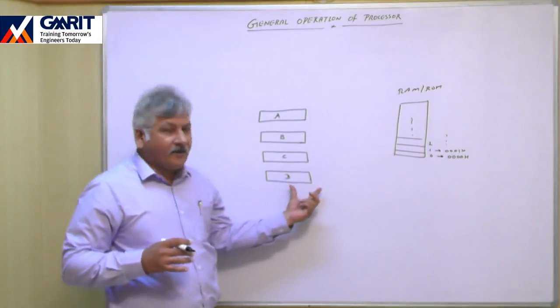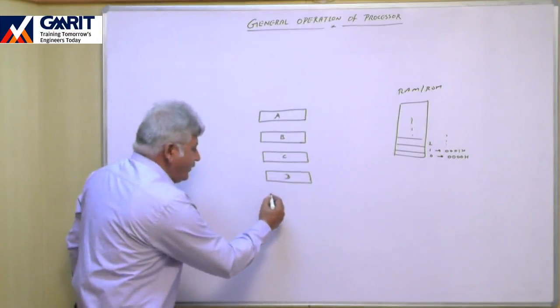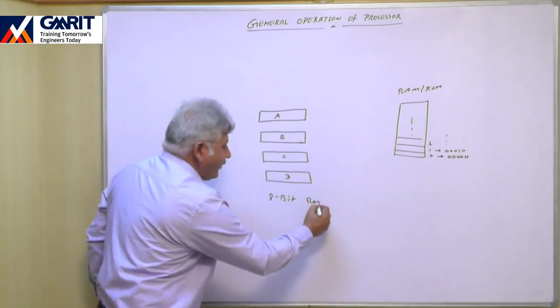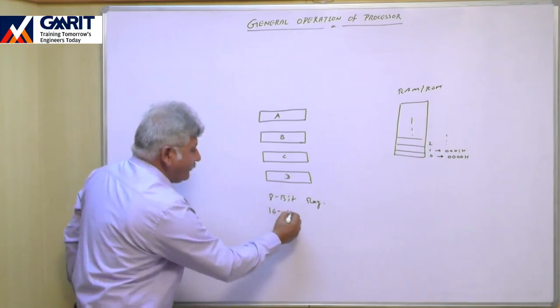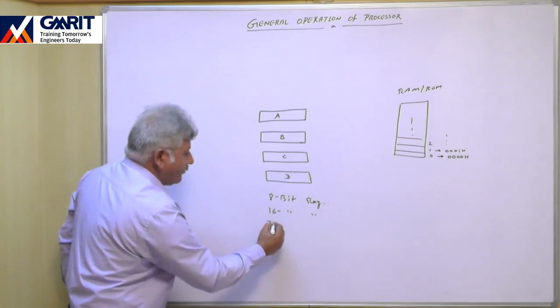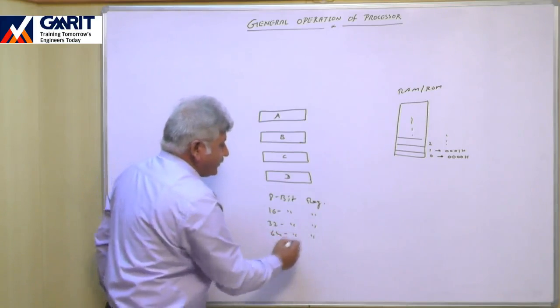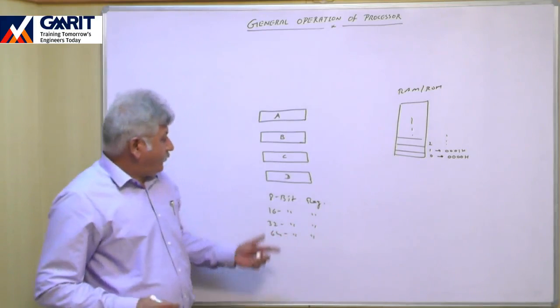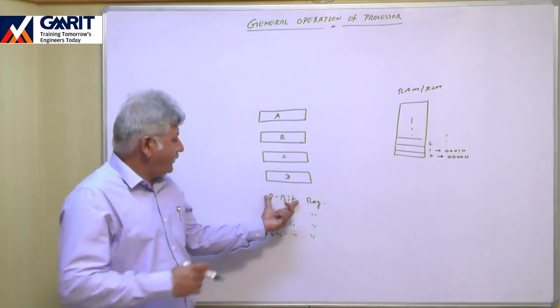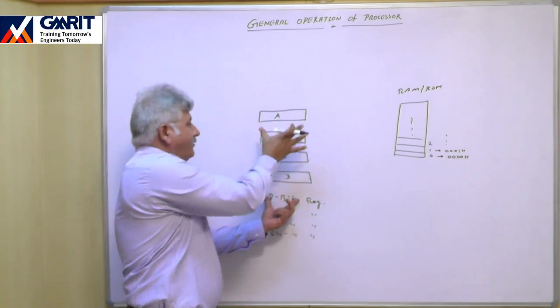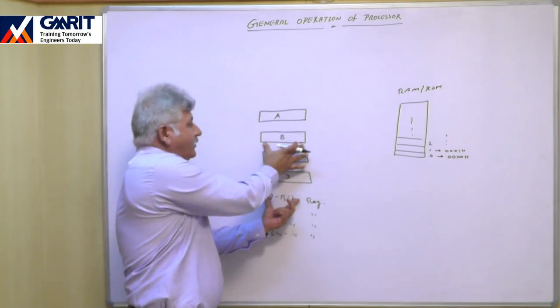Now these registers can be 8-bit registers or 16-bit registers or 32-bit registers or 64-bit registers. The meaning of an 8-bit register is that 8 bits of data can be stored in this register.